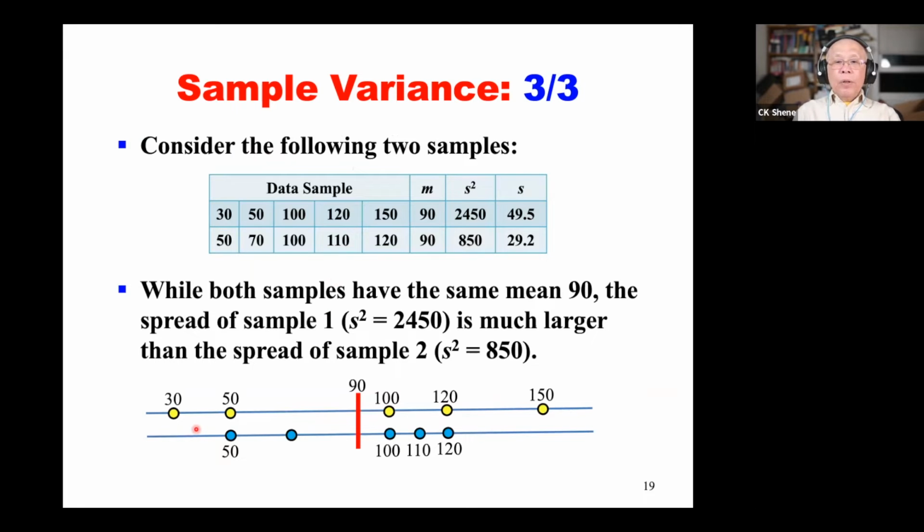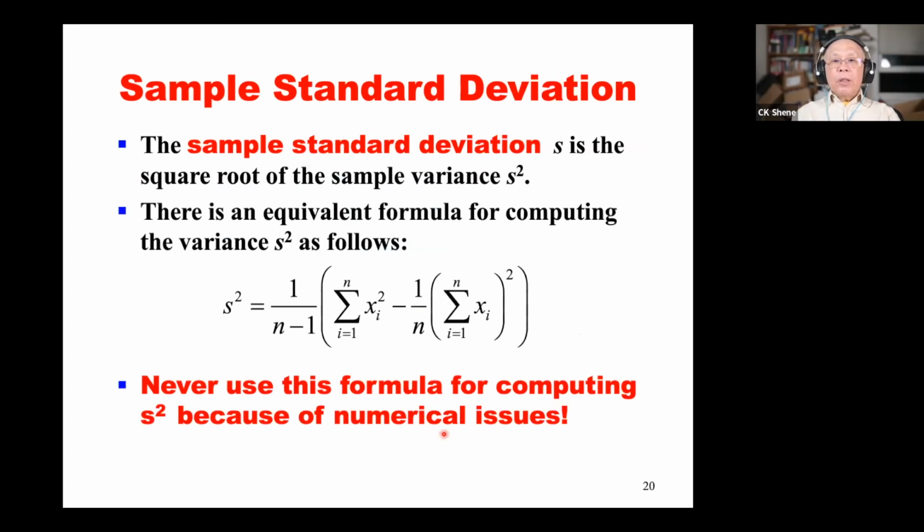Now the first sample has larger variance. It means it's spread from the minimum to the maximum. It's larger than the sample with smaller variance. Therefore, sample variance measures how the data points vary and spread. The sample standard deviation is simply the square root of the sample variance.